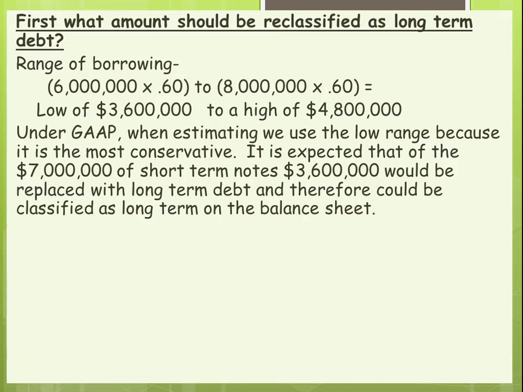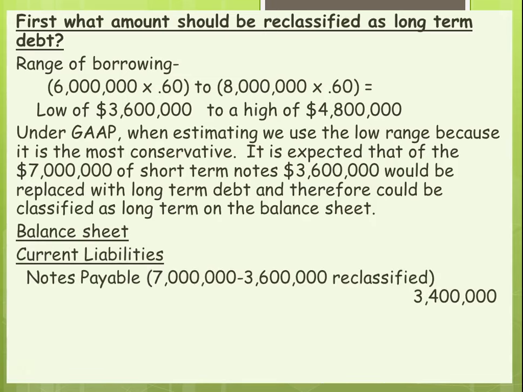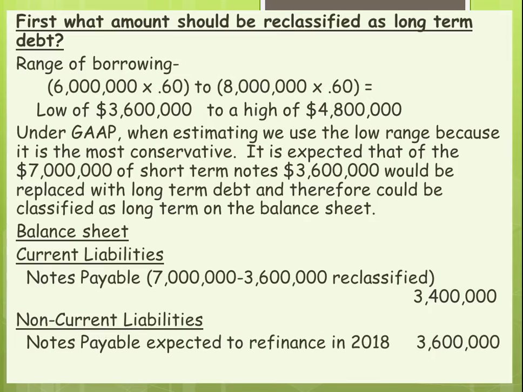So based on this, it is expected that of the 7 million short-term notes, we are expecting that 3.6 million would be replaced with long-term debt and therefore could be classified as long-term debt on the balance sheet. So this is the way it would look. Notes payable would appear as $3.4 million, showing 3.6 as reclassified, and under non-current, we would see notes payable expected to refinance in 2018 of 3.6. So that's how we would do that.